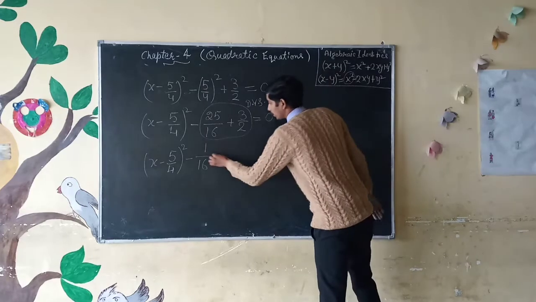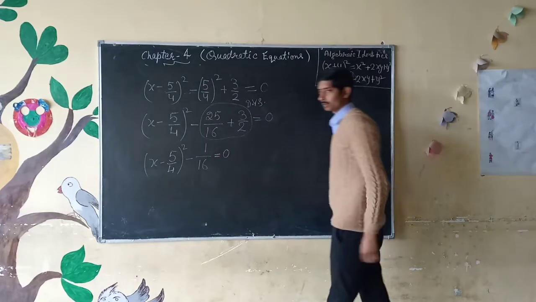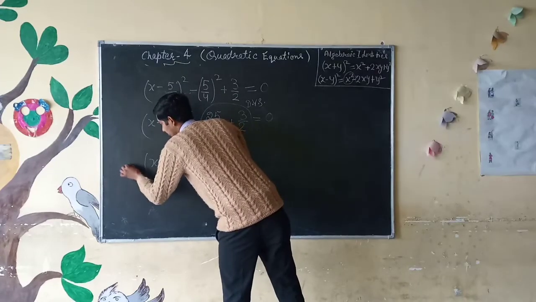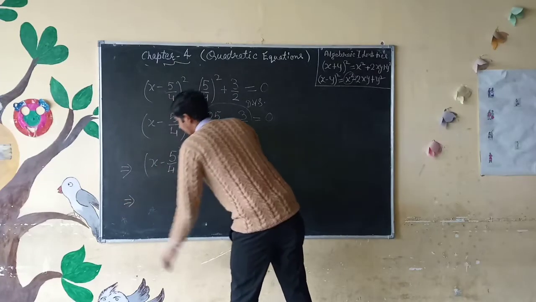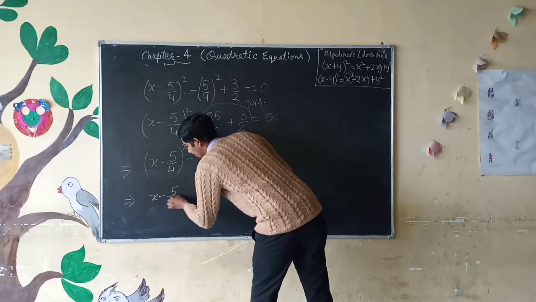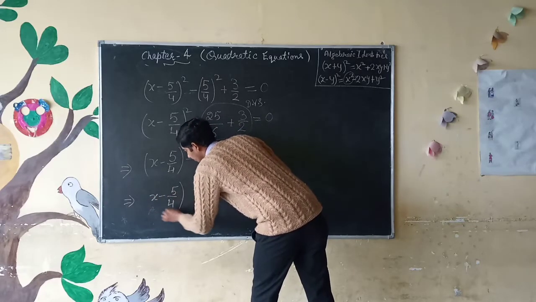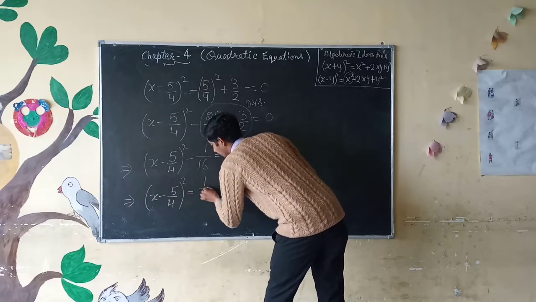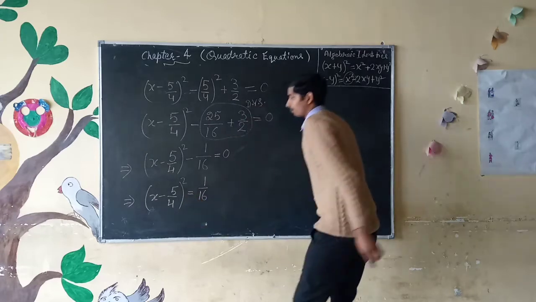Okay? Equals to 0. Because this is the work of 6th and 7th class. It implies x minus 5 upon 4 whole square equals to 1 upon 16.